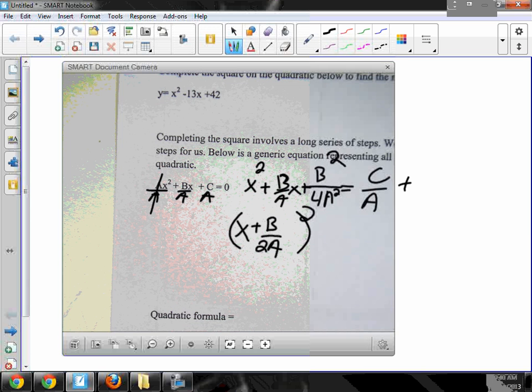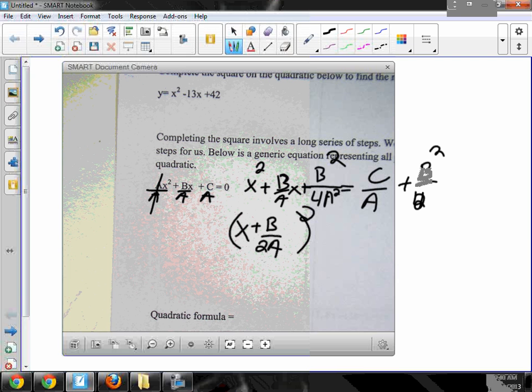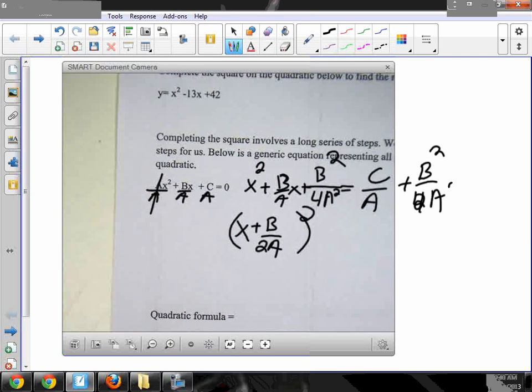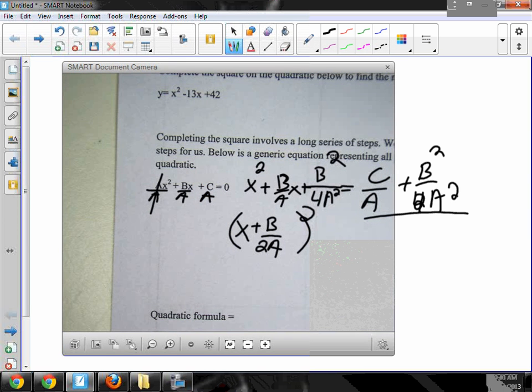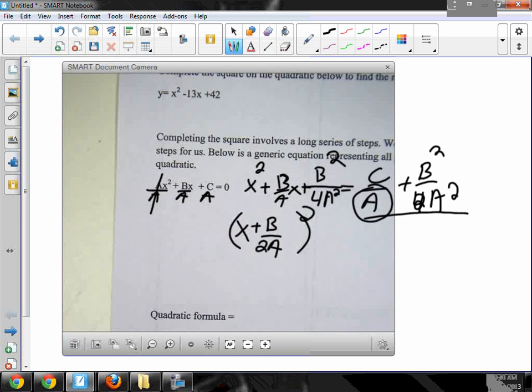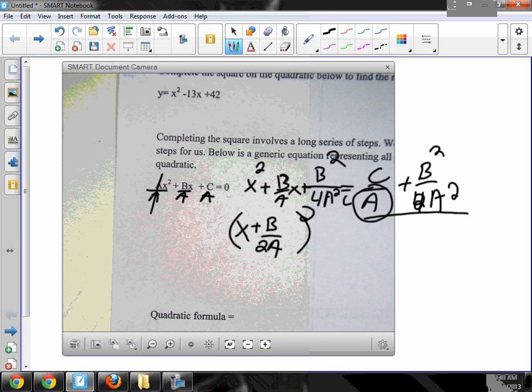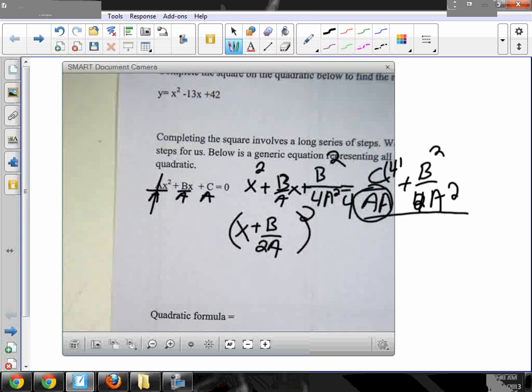So I add b squared over 4a squared to the other side. Well, now these two fractions need common denominators. What's the common denominator going to be? 4a squared. So if it's going to be 4a squared, what is this side missing? It's missing a 4 and a second a. So I'm going to times this by 4a.